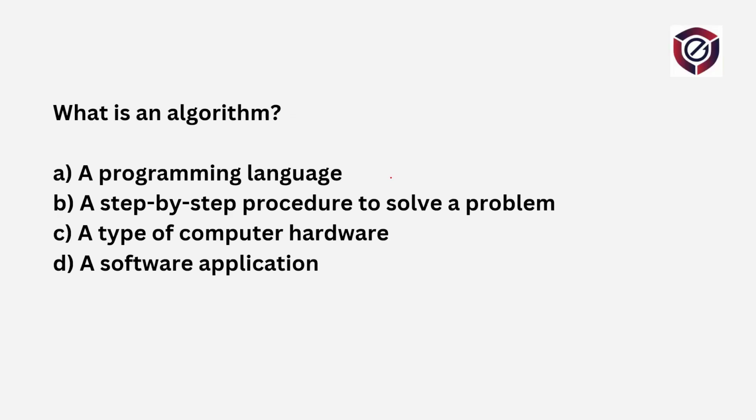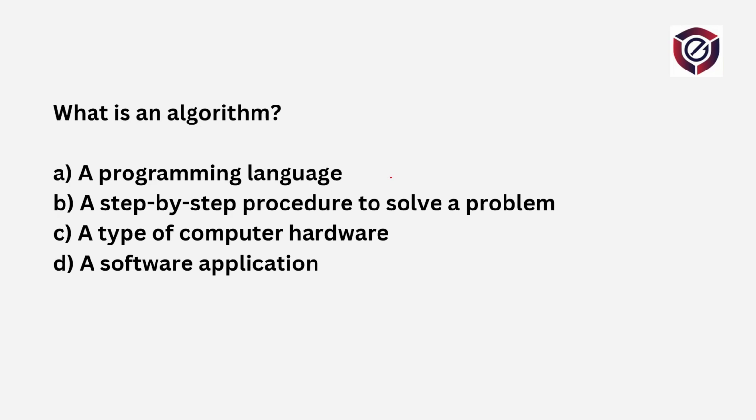Next, what is an algorithm? The four options are a programming language, a step-by-step procedure to solve a problem, a type of computer hardware, or a software application. Whenever we talk about an algorithm, we are talking about the sequence of steps or the step-by-step procedure to solve any particular problem.